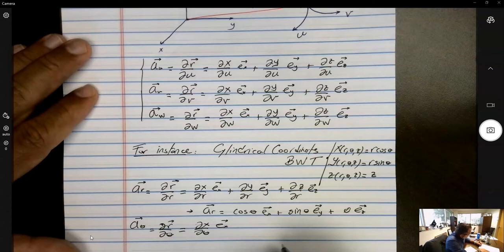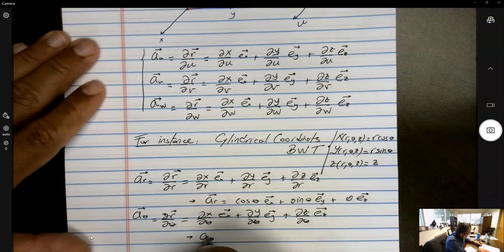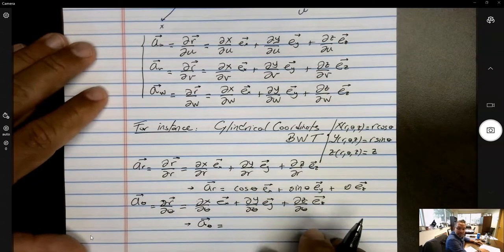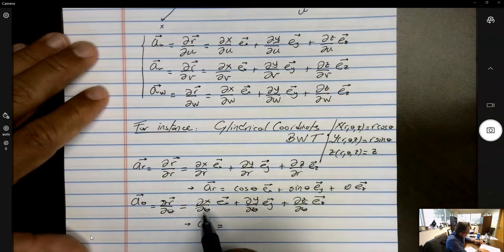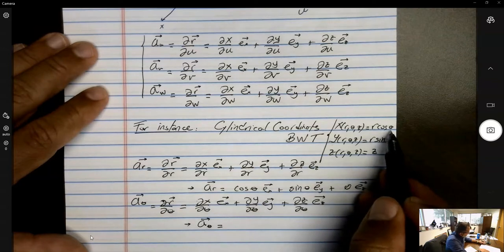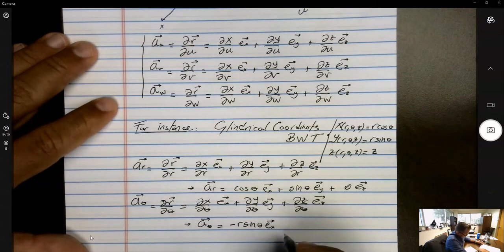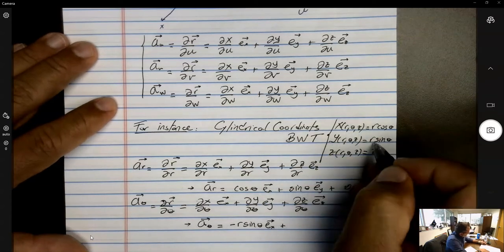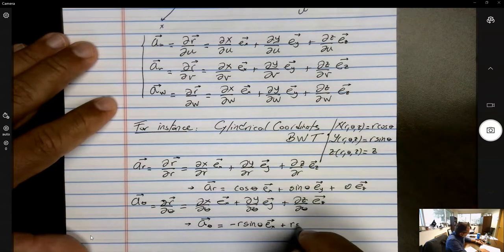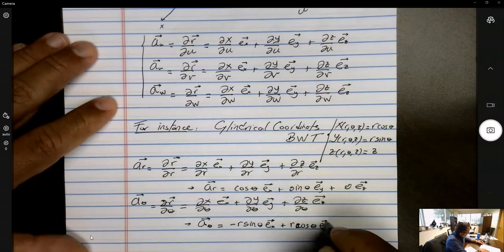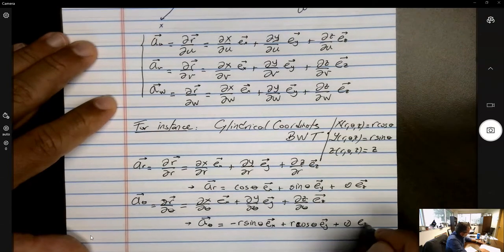So this, I'm sorry, it's not unit, this tangent vector a theta is, well, the x with respect to theta would be minus r sine theta in the x direction. Dy d theta would be r cosine theta in the y direction, and the z with respect to theta would be 0 in the z direction.